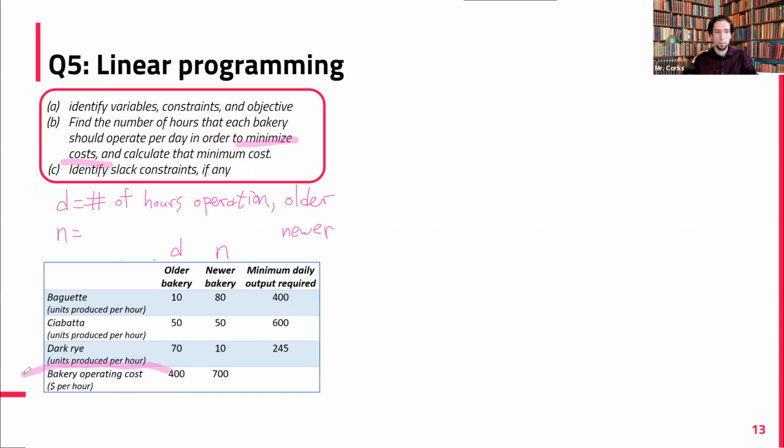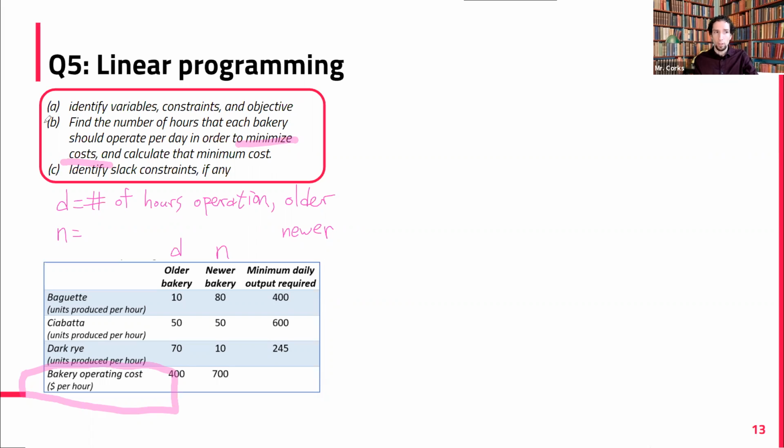We can look at our table here and say, well, it's not like the ingredients for the bread or whatever. We're not thinking about that. The main costs we care about are operating the bakery. So each hour it's open and baking stuff, then money has to go into it to pay the people and whatever. So number of hours it's operating determines the cost.